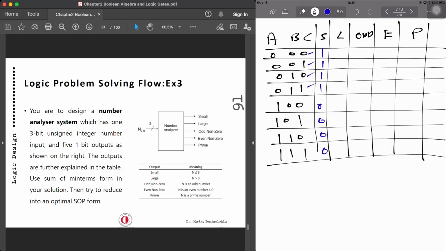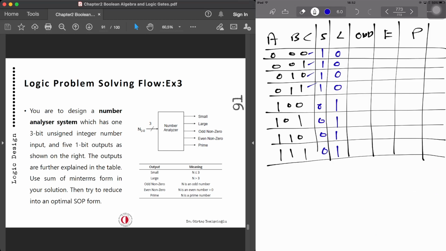For the large one, we need a number which is greater than 3. That is the opposite of the small one, so these are going to be zeros, and anything greater than 3 is going to be ones.